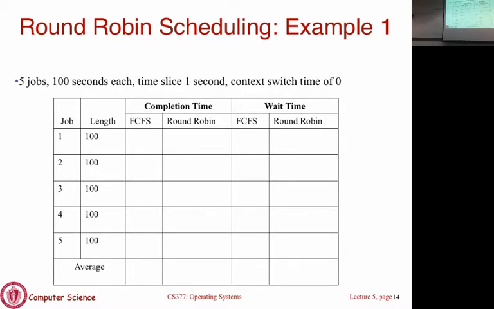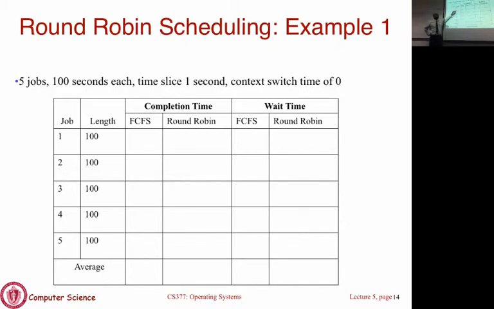Now that I told you which order they came in, it should be straightforward to apply FCFS. Job 1 came in first, it's going to be scheduled first, and as a result, it's going to finish first. There's no IO here. So job 1 will run to completion and it will finish at what time? 100. You start at 0, it needs 100 seconds, so it's going to finish at time 100.